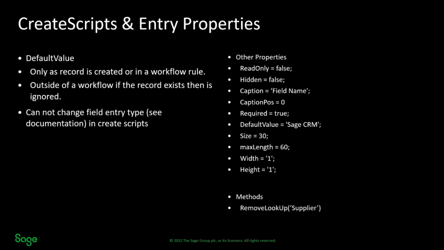Earlier on, I talked about how rules can look at data within the same record or within existing data in the system, and create scripts, because they can use methods like find record, can check the values in other tables and other rows to write rules which are effectively inter-table and intra-table rules.